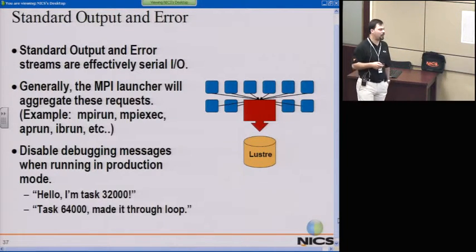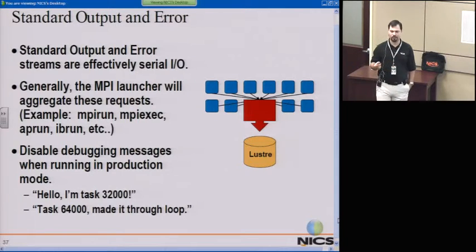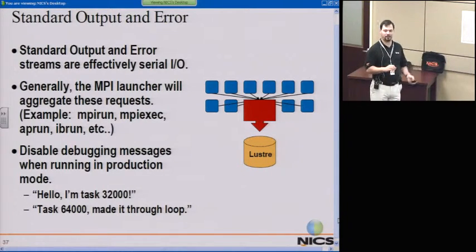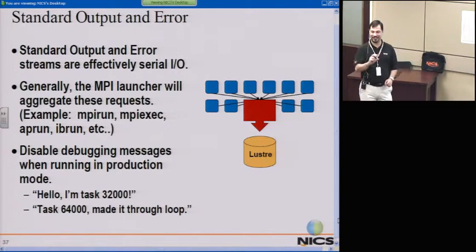As far as standard input and output are concerned, a lot of people will write their applications so that they output standard output or standard error messages. A lot of these can be debugging messages. You can say hello from every process you have. Of course, if you're running an application at 32,000 or 50,000 cores, you have 50,000 little standard output messages saying, hello, I'm process 50,000 or so.